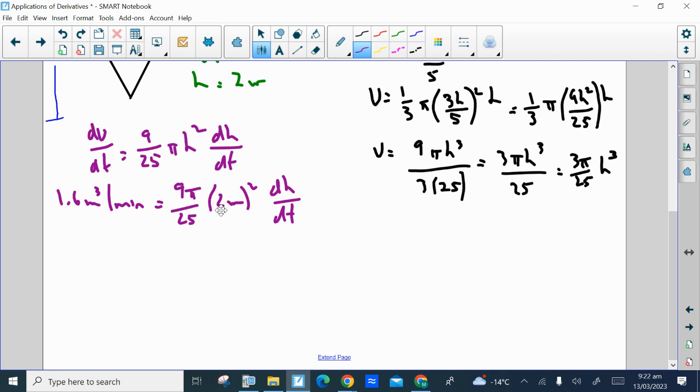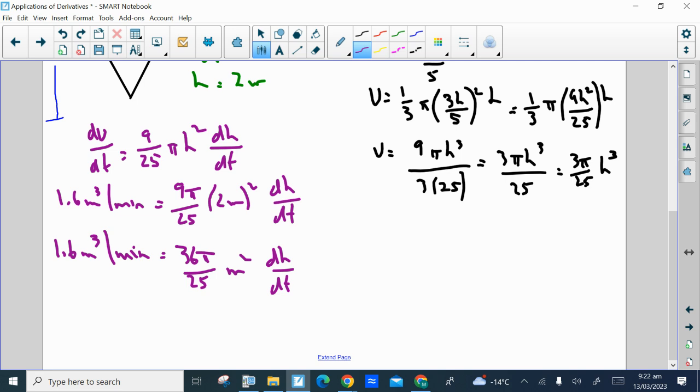So 2 squared is 4, times 9 will be 36 pi. So that'll be 36 pi over 25 meters squared times dh by dt.